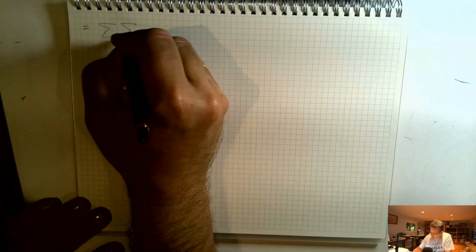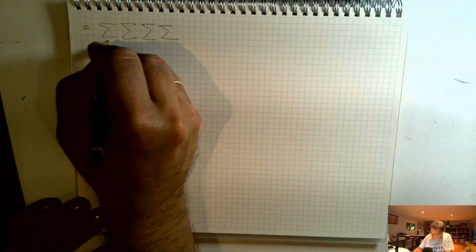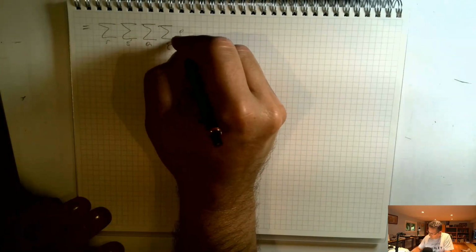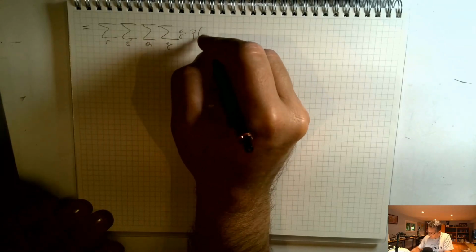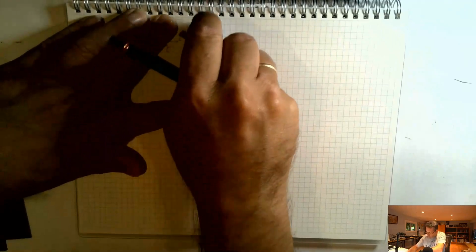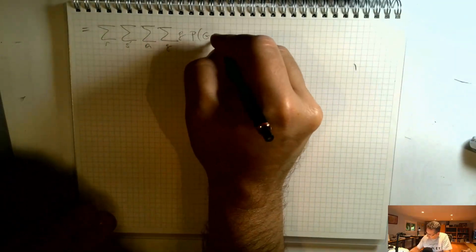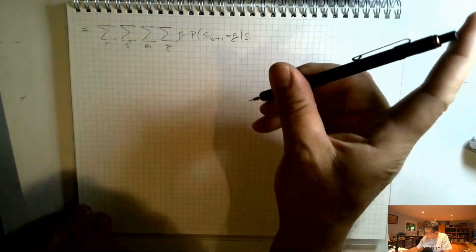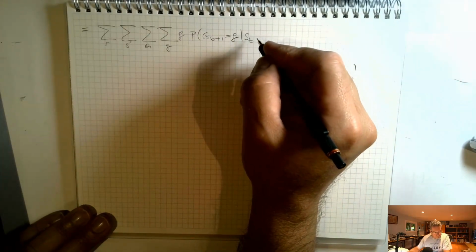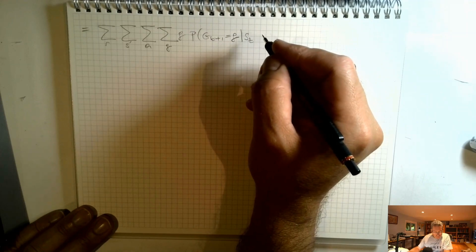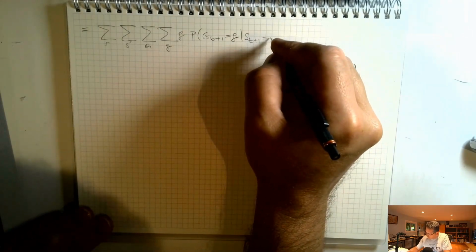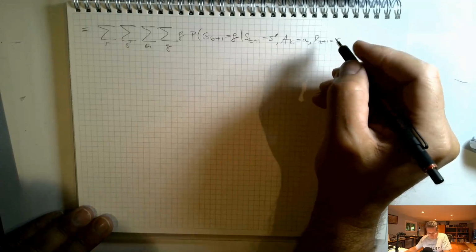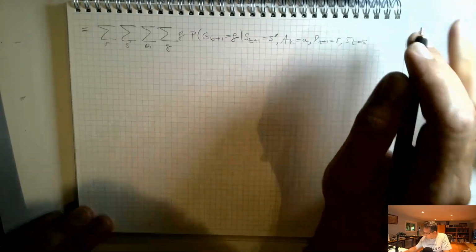We take the summations again, the one for R, S prime, A, G, and we had G over here, and now we will write this as G_{t+1} is equal to G, given S_{t+1} is equal to s prime, A_t is equal to a, R_{t+1} is equal to r, and S_t is equal to s.